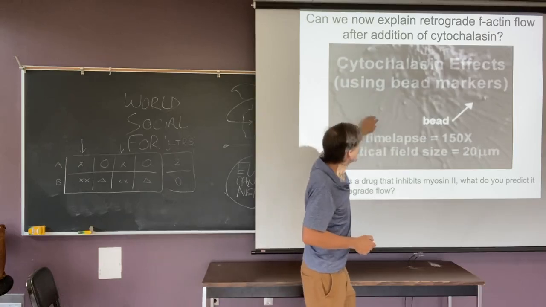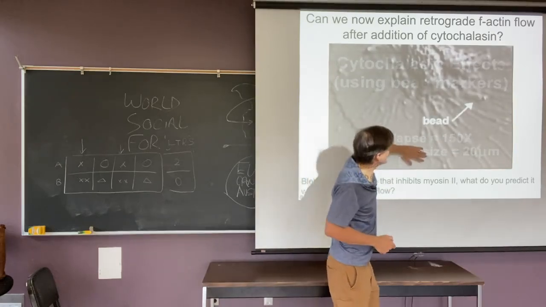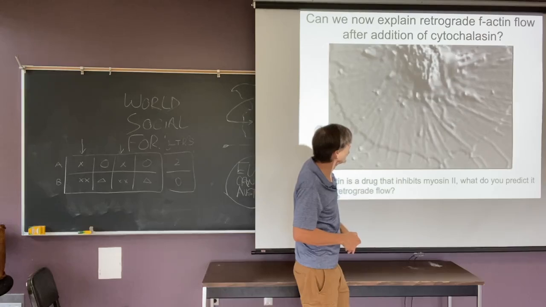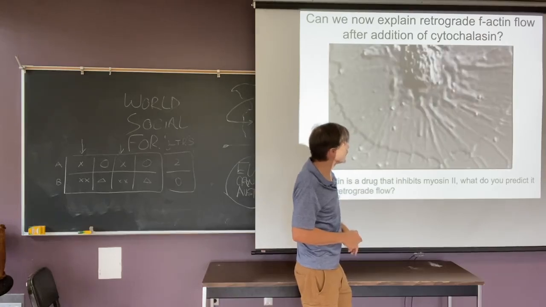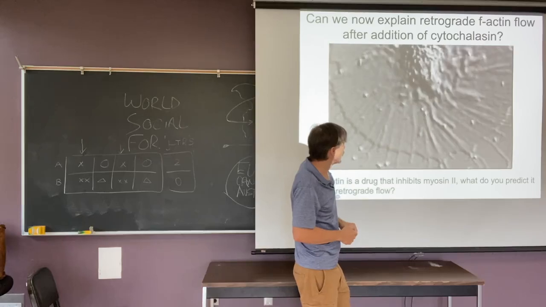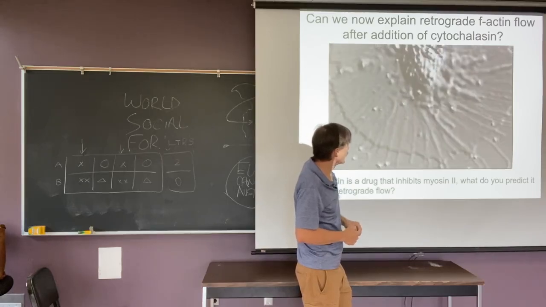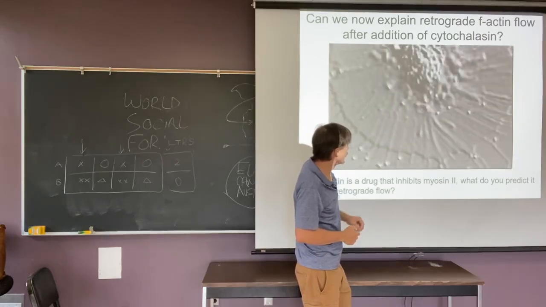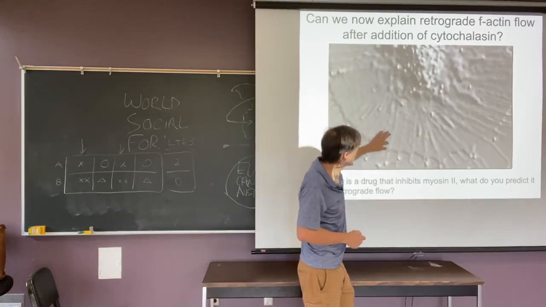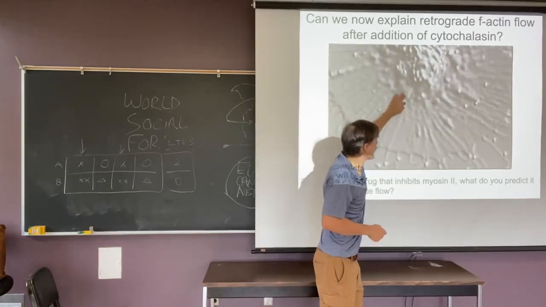So we watch this play through. At the beginning of the movie, there are beads, and the beads are going to be flowing backwards. That's the retrograde actin flow. Cytochalasin is going to be added, and we want to watch this region here as it moves back.